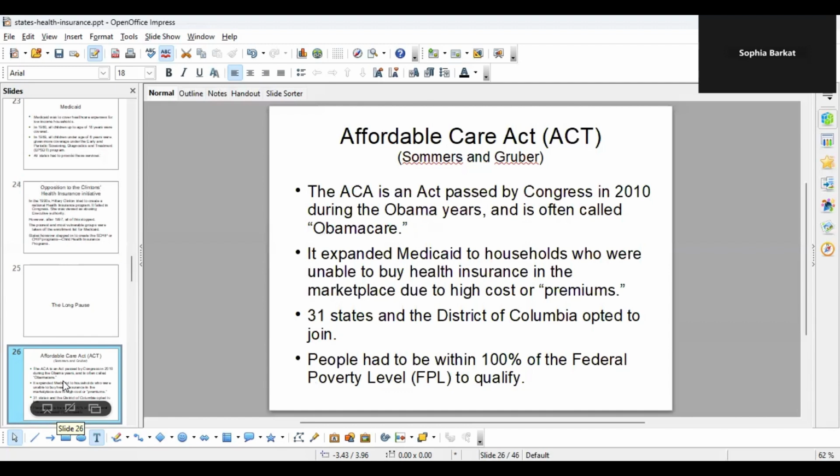It essentially expanded Medicare, or rather Medicaid, to households who were unable to buy health insurance in the marketplace due to high cost or premiums. So the private insurance market is what we're talking about. It was too expensive. 31 states and the District of Columbia opted to join.